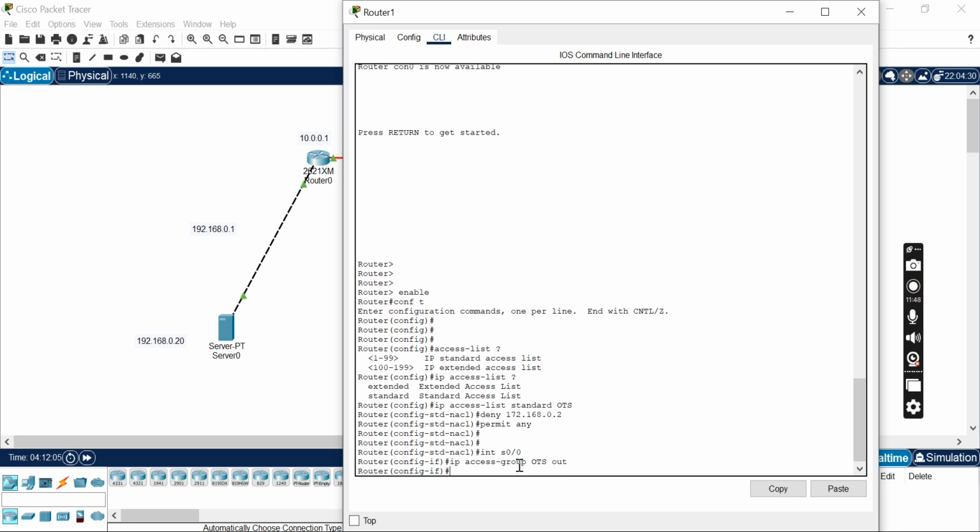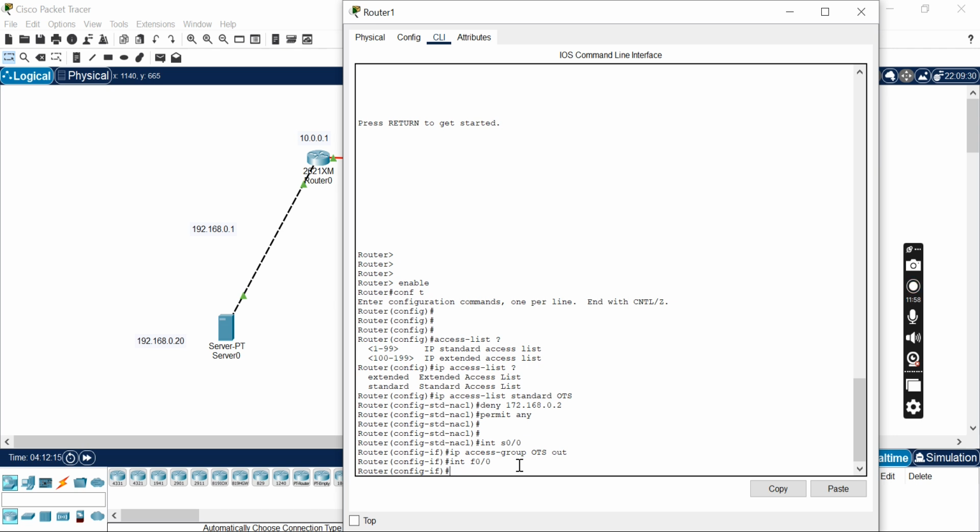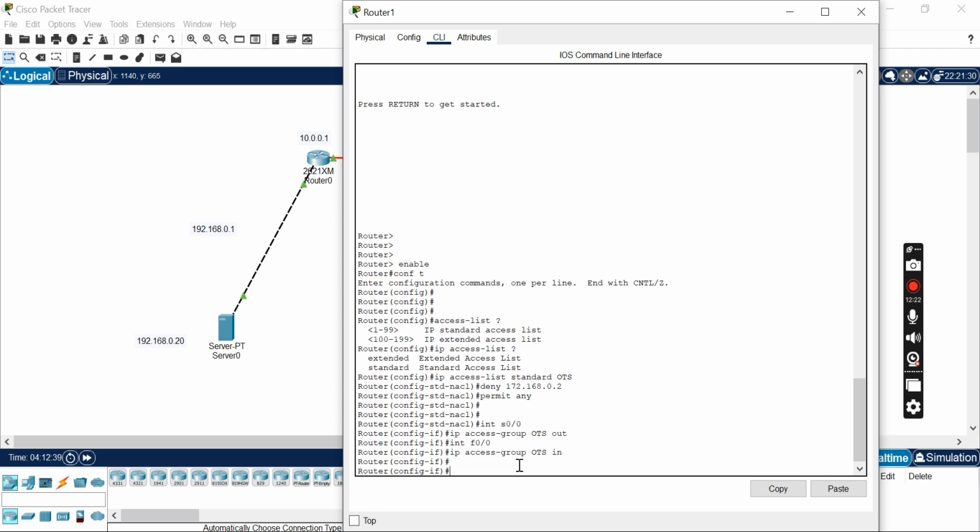Okay, then in the same way, again interface and the fast Ethernet, that means F0/0, and then I have to write IP access list, IP access list. Sorry, no access list, I have to make a group: IP access group, OTS, because the local area network is always working inside. So it's the inbound. So I have to click enter.